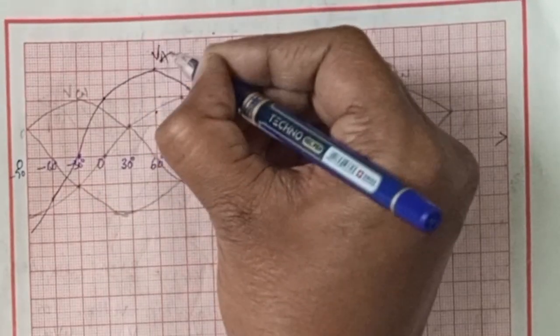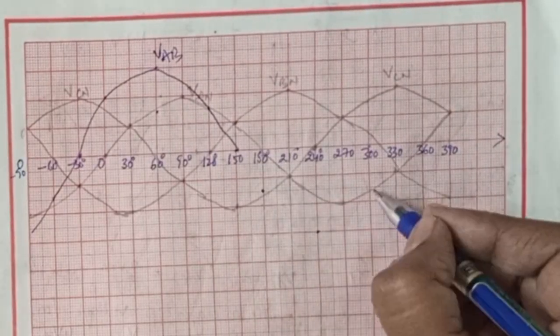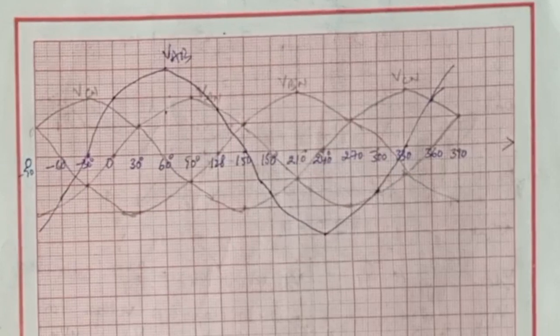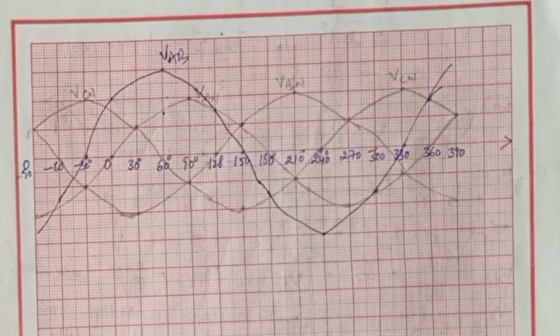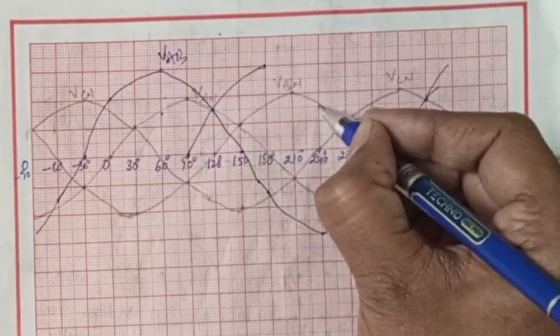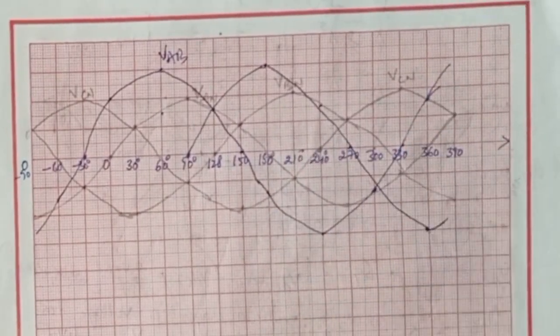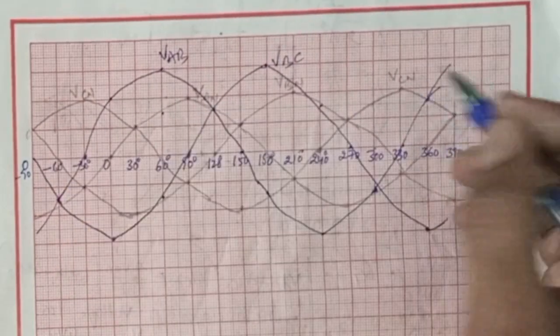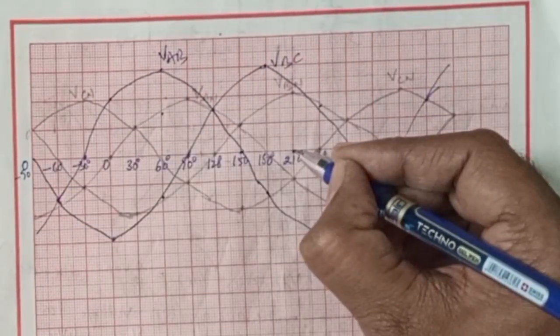This is VAB. Now VBC is going to start at omega t minus pi by 2, which is at 90 degrees. Now VCA is going to start at 210 degrees.